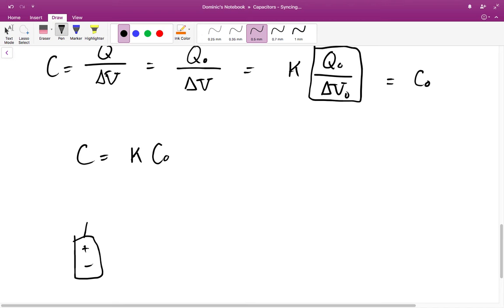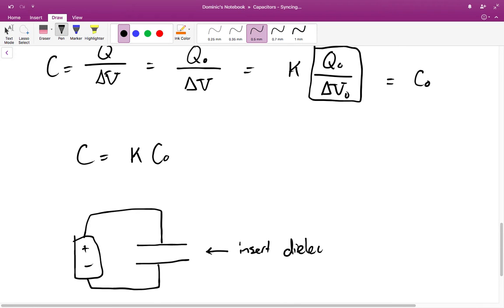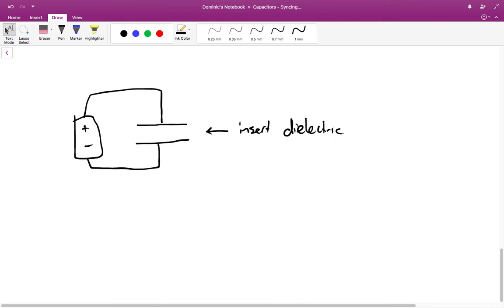And this time, after we charge this thing up, then we're going to insert the dielectric, right? So insert dielectric. So now what's going to happen? Well, before the electric potential decreased, but since it's connected to the battery, even after we insert the dielectric, delta V cannot change.